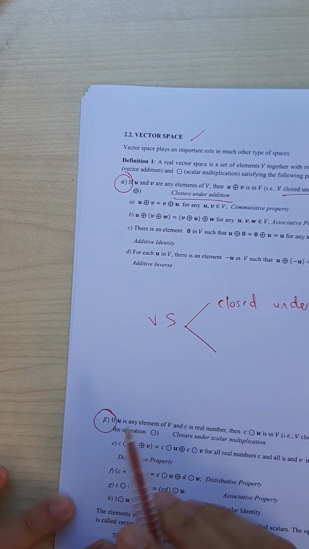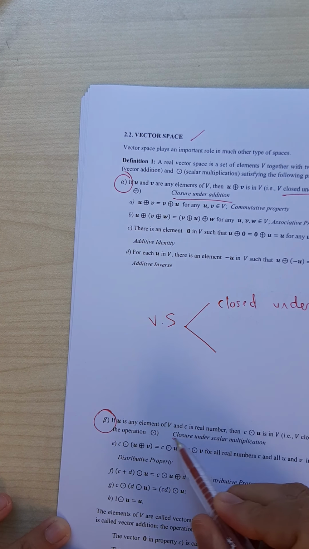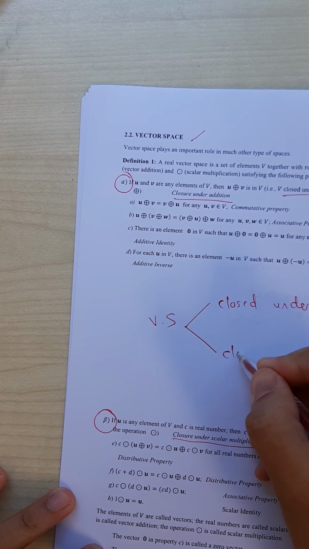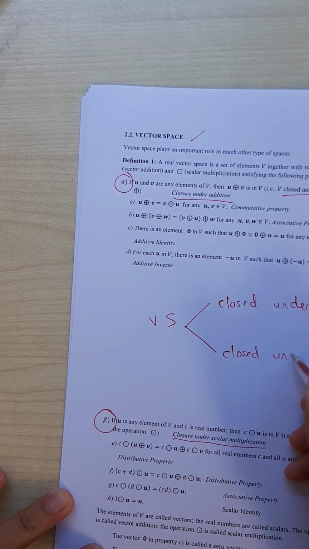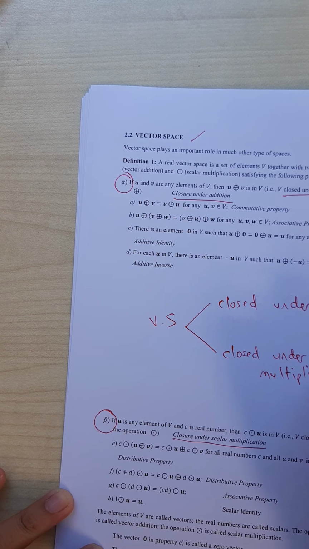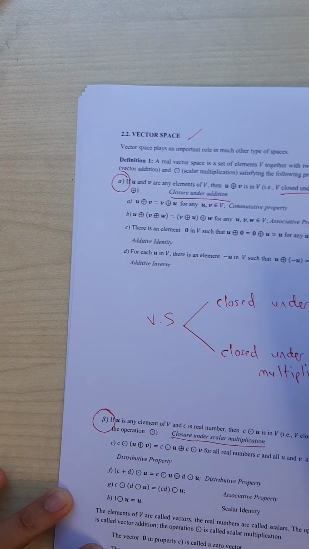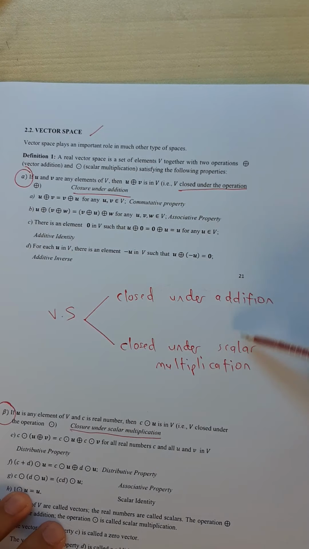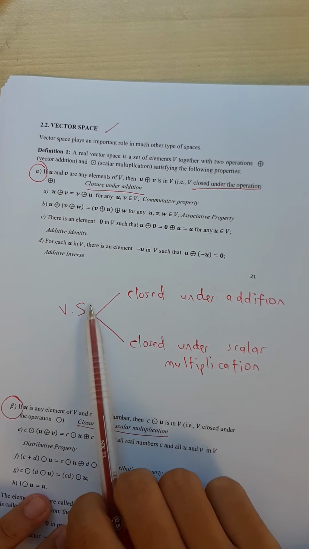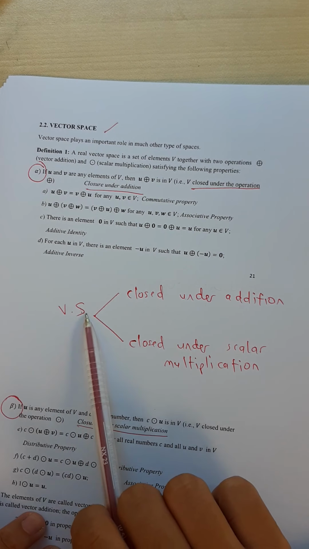The second one, the B part, is closed under scalar multiplication. These are the 2 main properties you need to check in order to verify that a set given to us is actually a vector space.